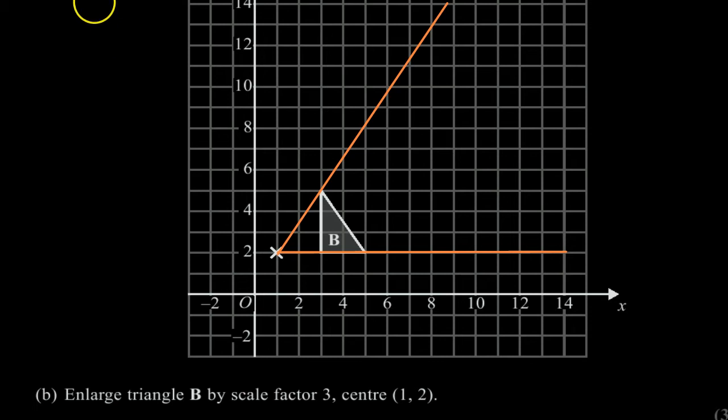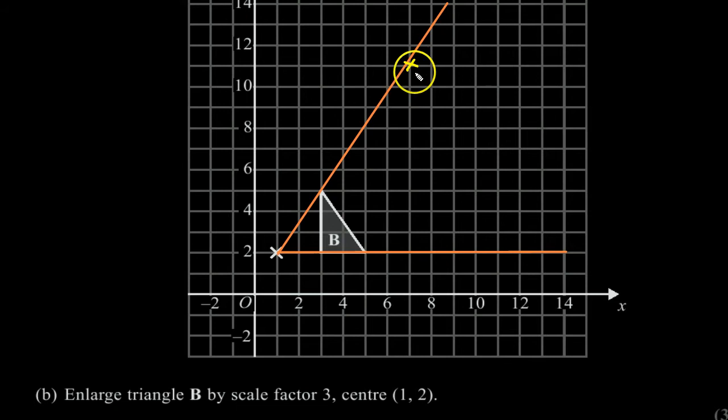Okay, so now we want to mark off what we've got then. So the center was at 1, 2, which we've drawn. And the scale factor is 3, so if this is a distance 2 along and 3 up, instead of 2 along, we need to go 6 along, and instead of 3 up, we need to go 9 up: 3, 6, 7, 8, 9, and it should sit on the line.